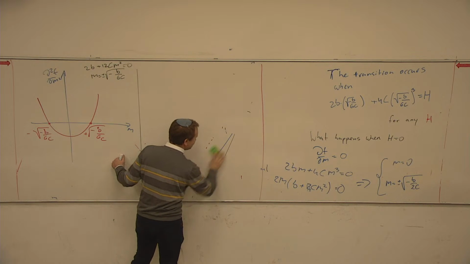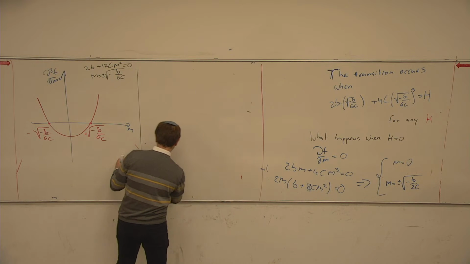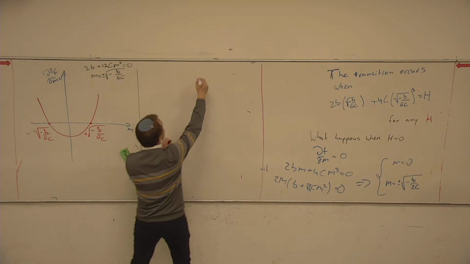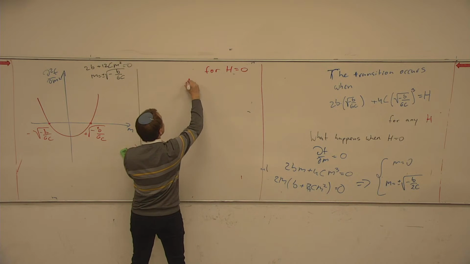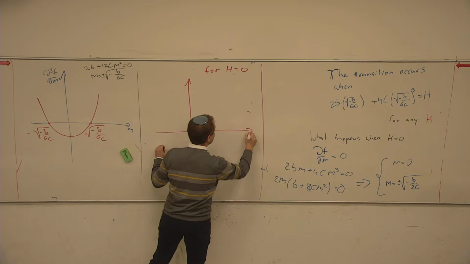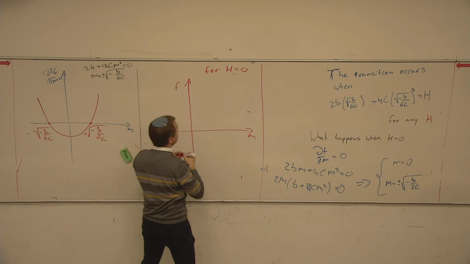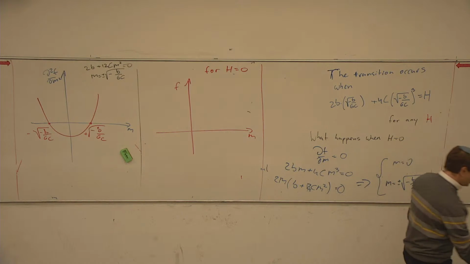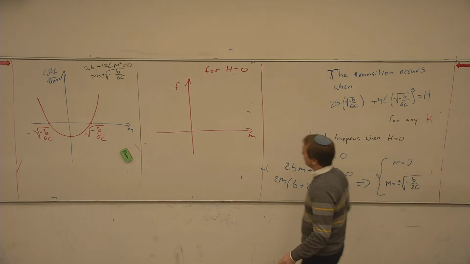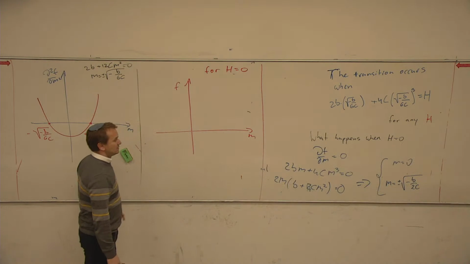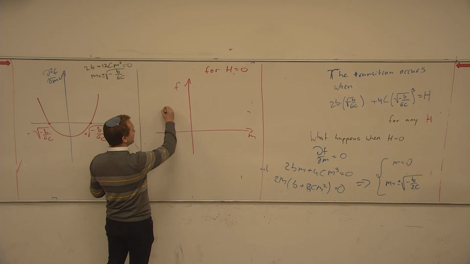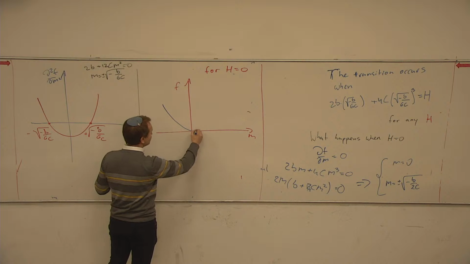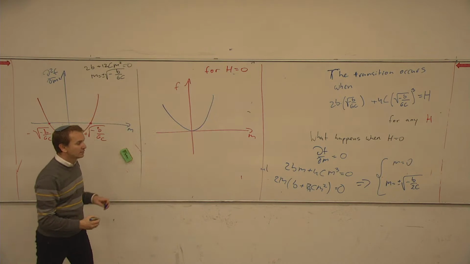So for h equals 0, this is m, this is f. And due to the symmetry, we can have this situation, right?